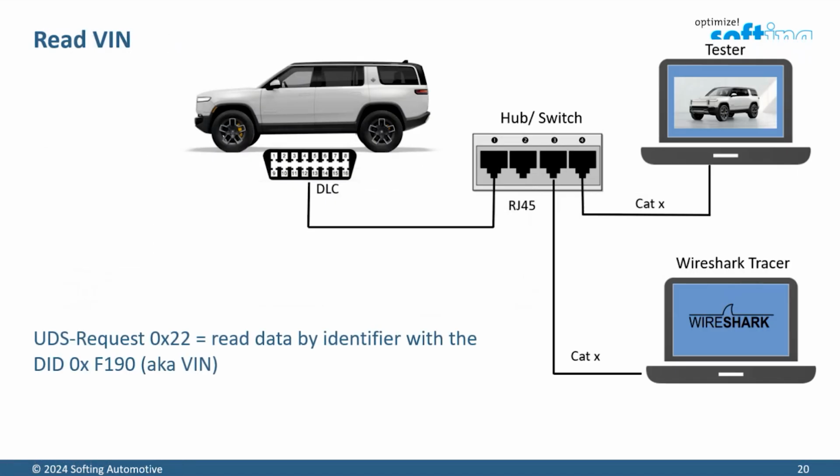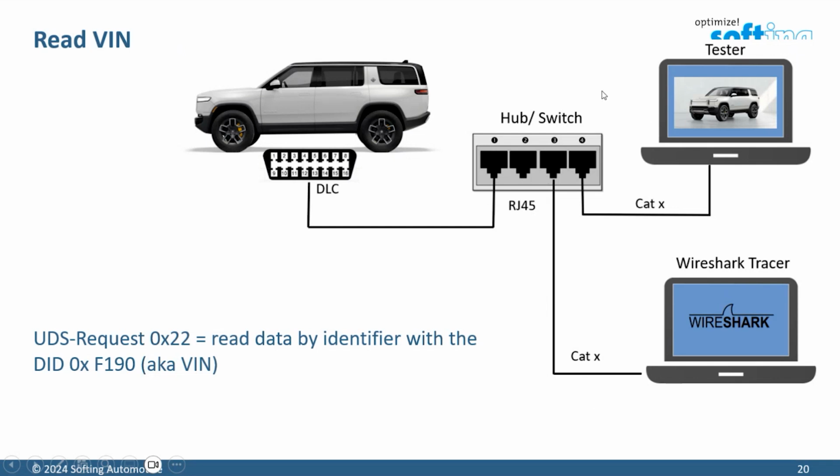If you would like to read and check out what's going on on the Ethernet, we need a tool that is named, for example, Wireshark, and is connected via a hub and a switch.